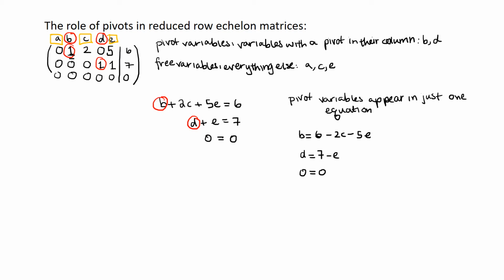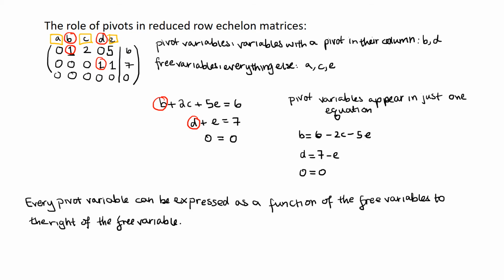Moreover, they're only going to be expressed as functions of the variables occurring to the right of them, because we have zeros to our left. And this is true no matter what reduced row echelon form matrix you're looking at. It's always true that pivot variables can be expressed as functions of the free variables to the right of our pivot variable.